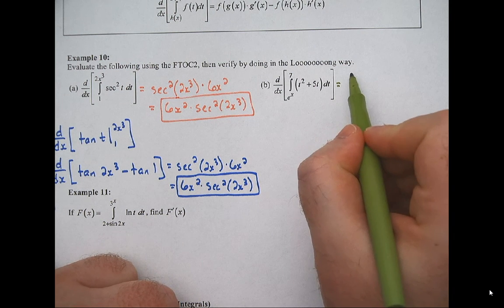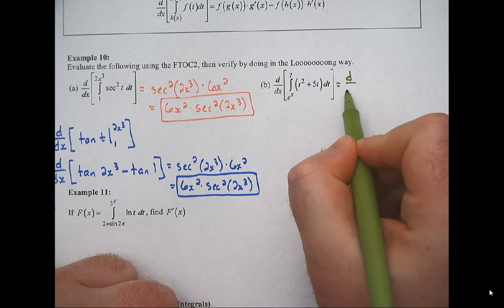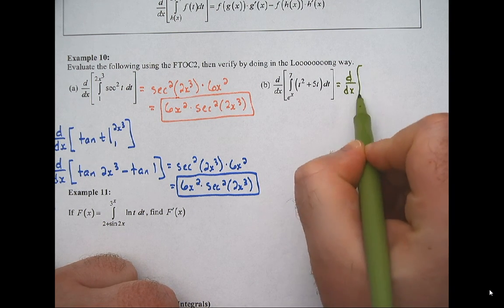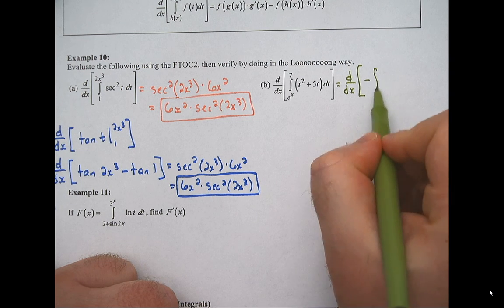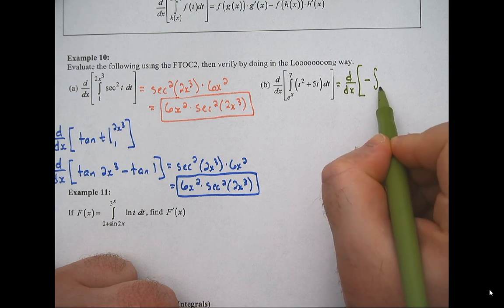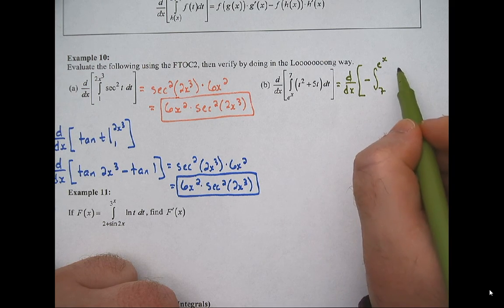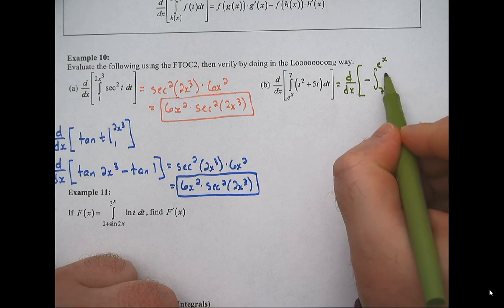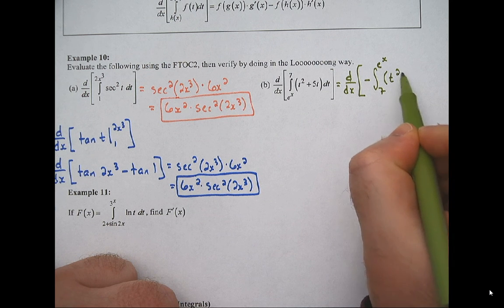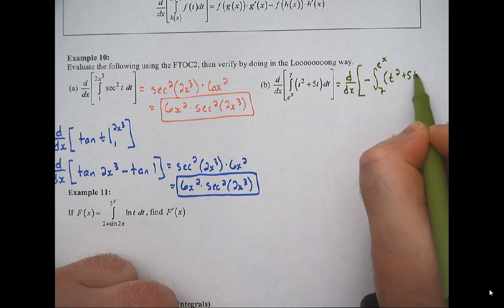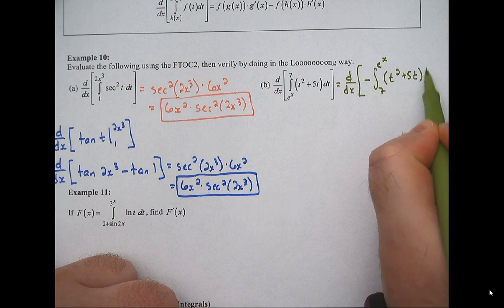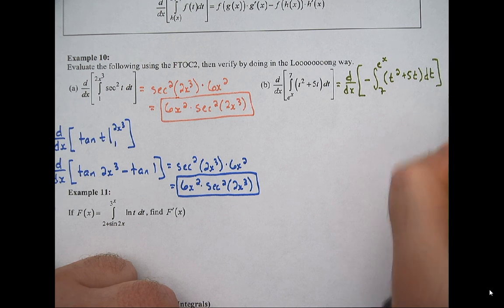So I'm going to do d dx of the opposite of the integral from 7 to e to the x of the quantity t squared plus 5t dt. If you want to, you could put that negative in there and go from there.